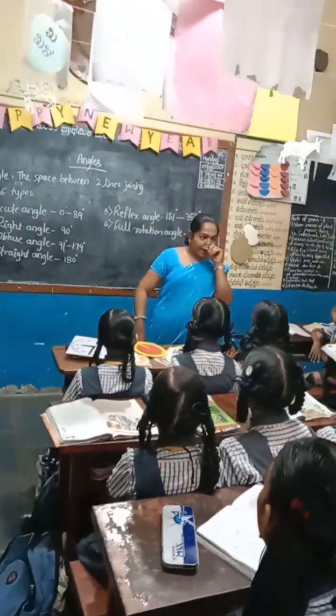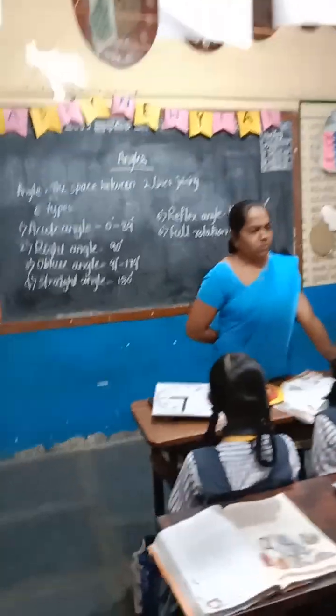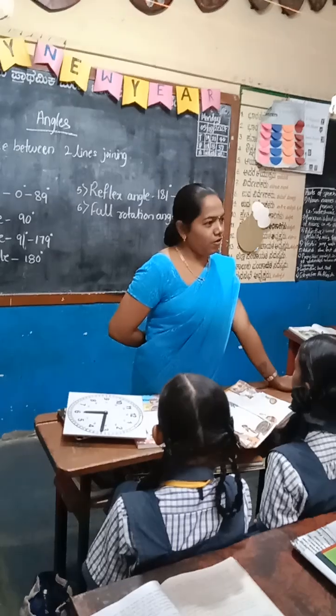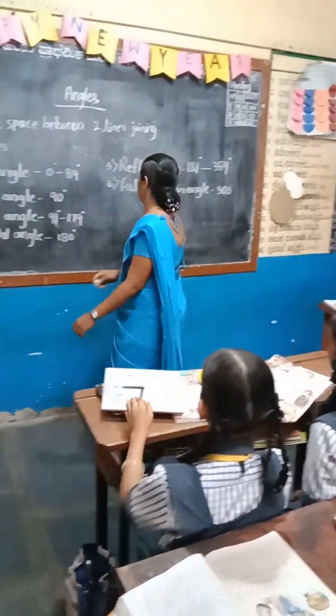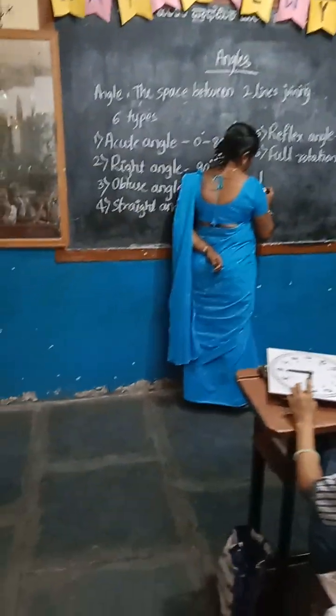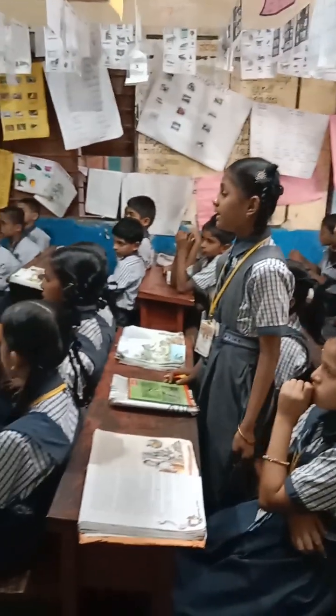So in day-to-day life, wherever we find angles, in the letters of the alphabet we find angles. So we do an activity. Sifa, stand up. Which letter is it?